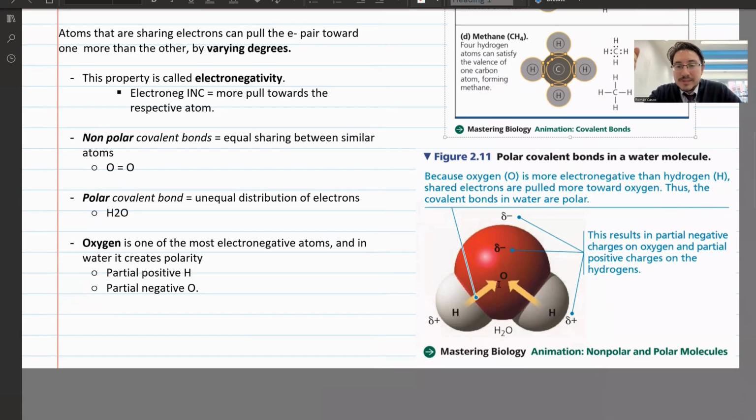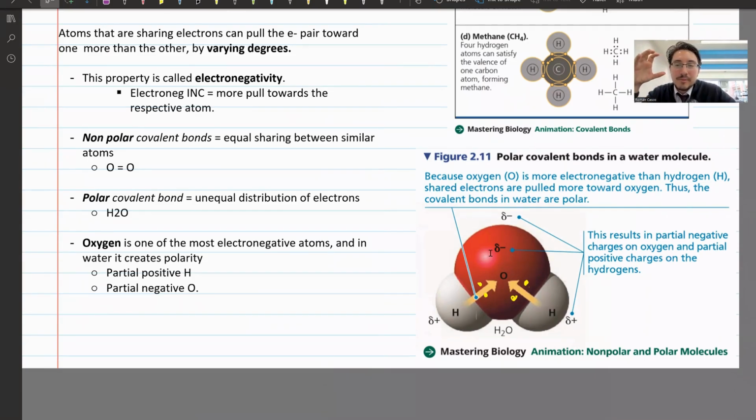They're still sharing, by the way. I want to focus on that. They're still sharing the electrons, but they're just more accumulated in one particular area. If I were to put a little dot here, the electrons would be more like that. Selfish oxygen. Because of this unequal distribution, you're going to have hydrogen and oxygen having a partial charge.